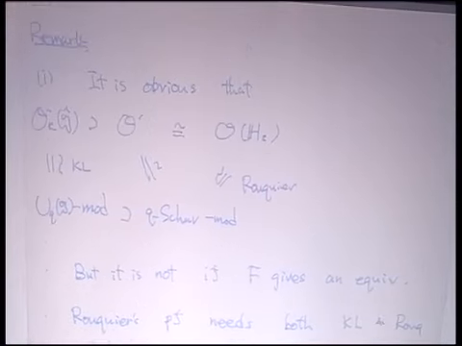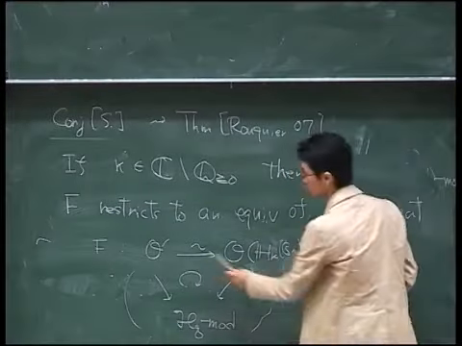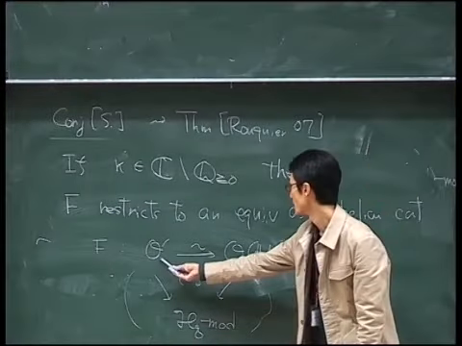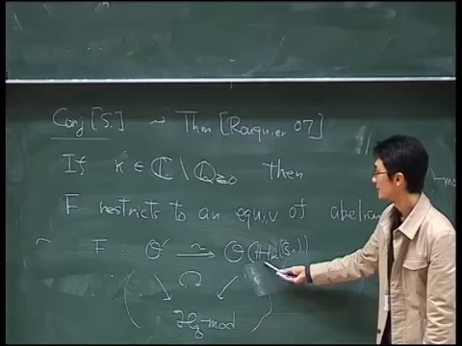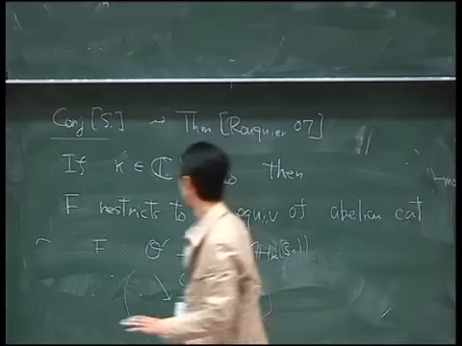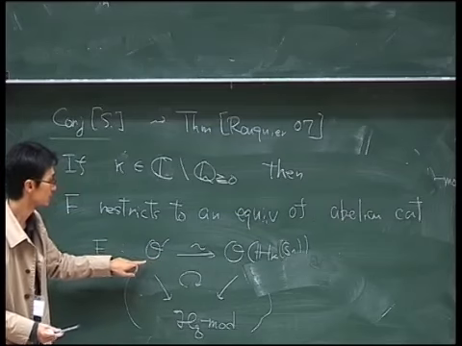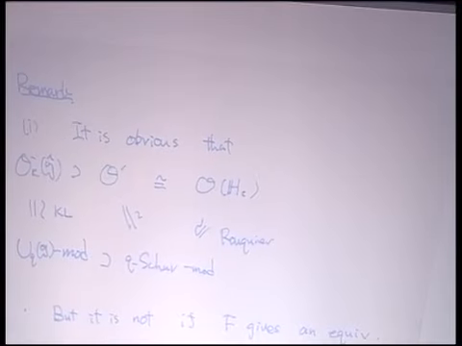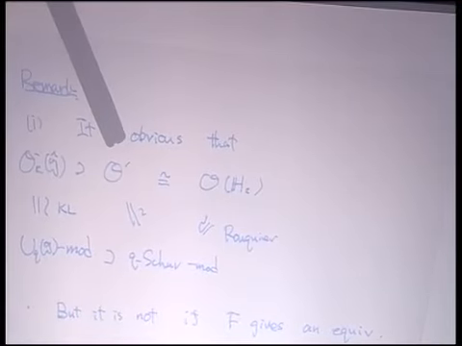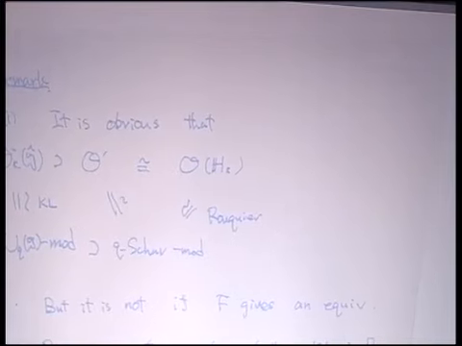So remark that concerning this conjecture, the categorical equivalence between O prime and O_H is obvious. What is not obvious is that F gives an equivalence. This O prime was a full subcategory of the lowest weight modules of G hat.